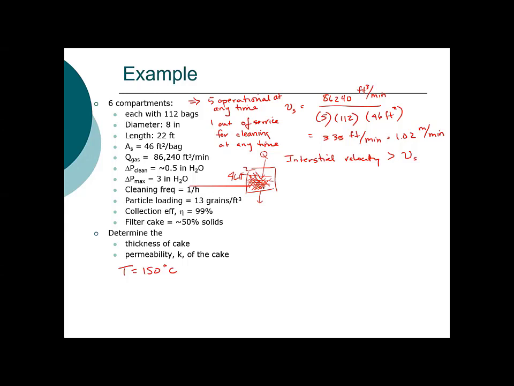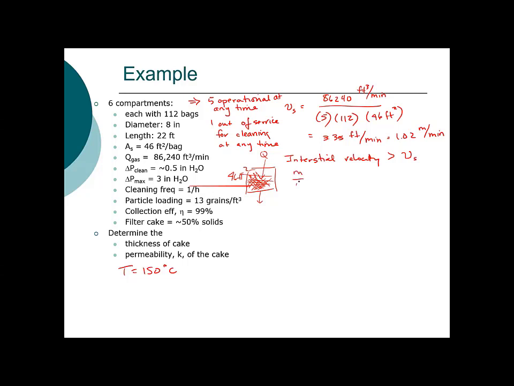So if we would actually measure what is referred to as the interstitial velocity, the velocity through the pores, that would be much greater than the approach velocity, because the approach velocity doesn't take into account the space where your gas can't flow.